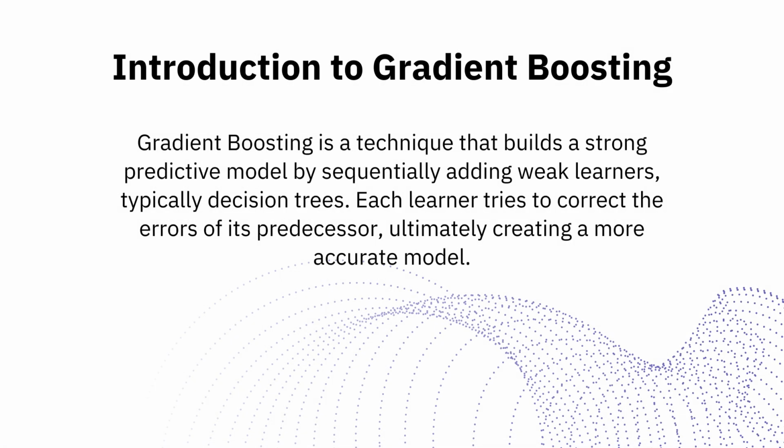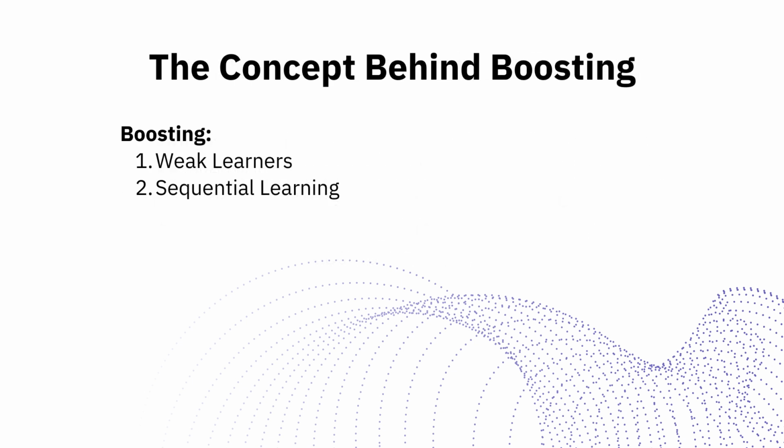Gradient boosting is a technique that builds a strong predictive model by sequentially adding weak learners, typically decision trees. Each learner tries to correct the errors of its predecessor, ultimately creating a more accurate model. Boosting is a powerful concept in machine learning.